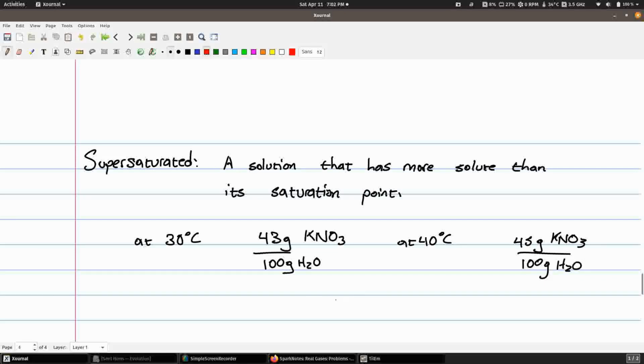So what happens is if the temperature increases, you can increase the saturation point.